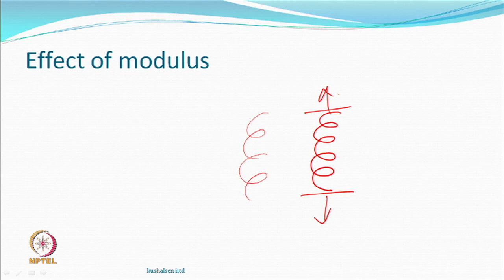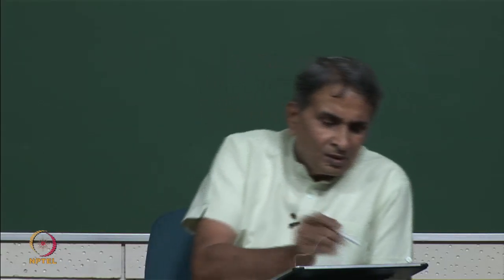Can you just guess? Obviously, it is a textured yarn. Without textured yarn, there is no question of a textured yarn also. Which type of modulus are we talking about?